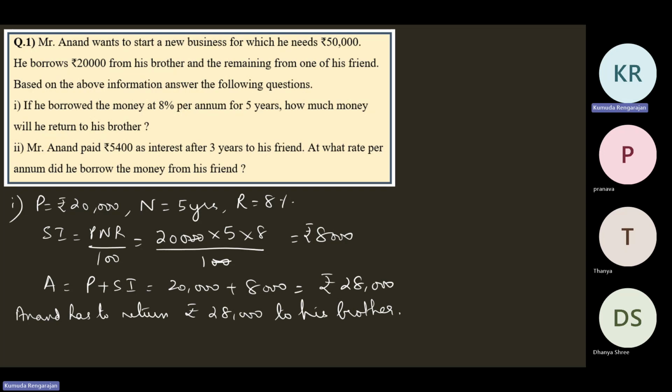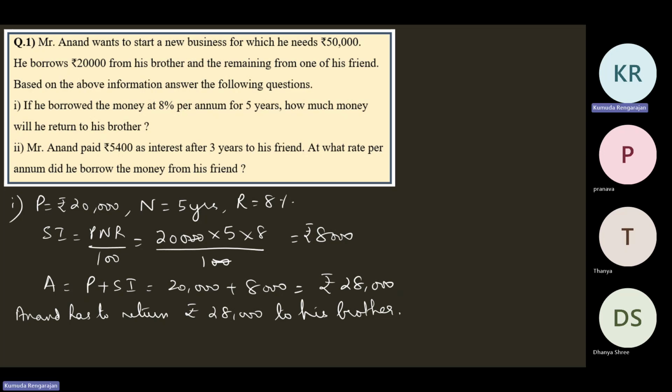So he has to return the principal and the interest together. So principal 20,000 he has to return, and then the interest. He has used his brother's money for 5 years, right? For that he has to pay interest, 8,000. So totally he has to return 28,000 to his brother.